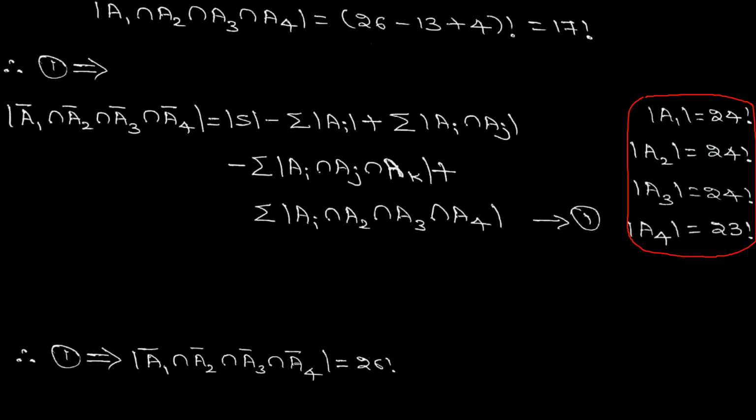Now in this we can observe 24 factorial is repeated 3 times. So we write here 3 times 24 factorial plus 23 factorial one time. This part we have written.